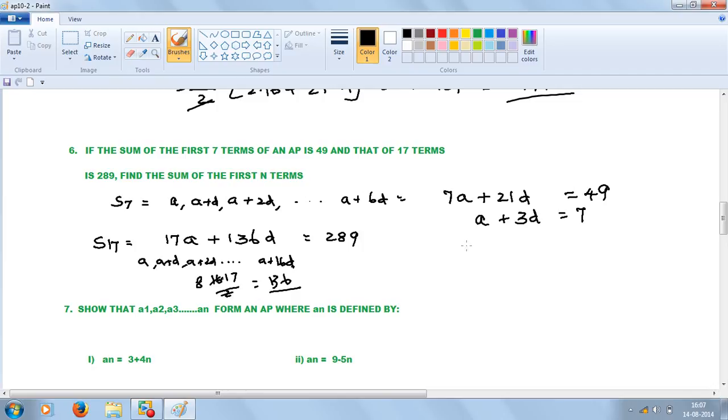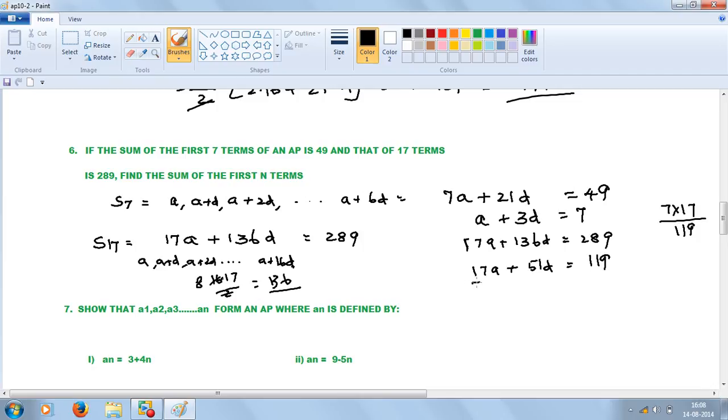So if you solve this problem, we get 17A plus 136D is equal to 289. We'll multiply the first equation by 17 and then subtract. 17 times we multiply, it is 17A plus 51D.